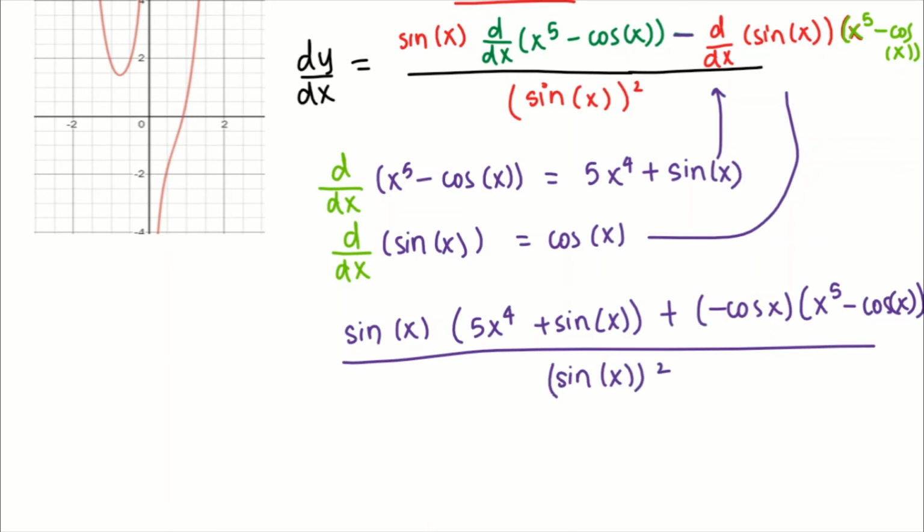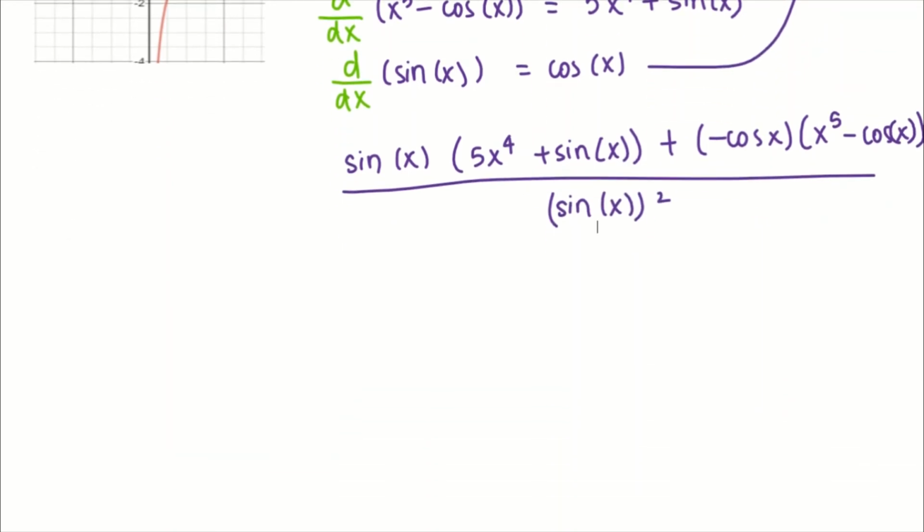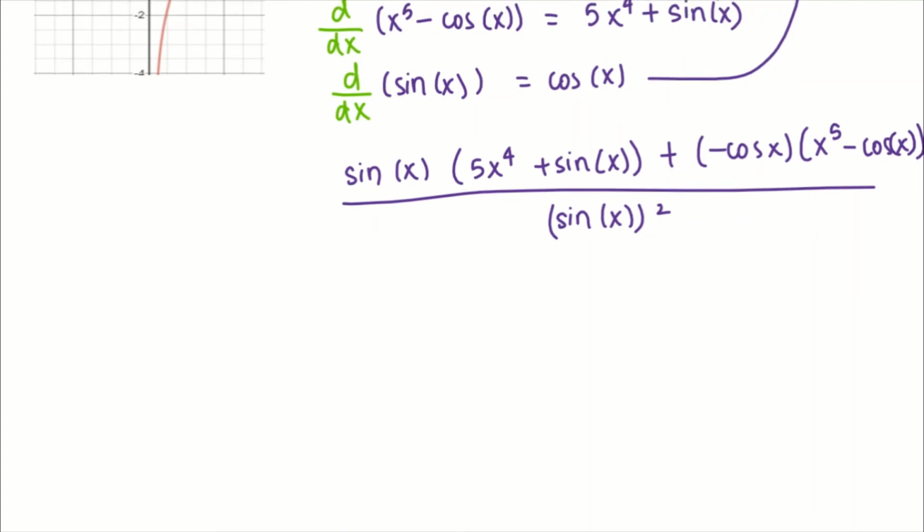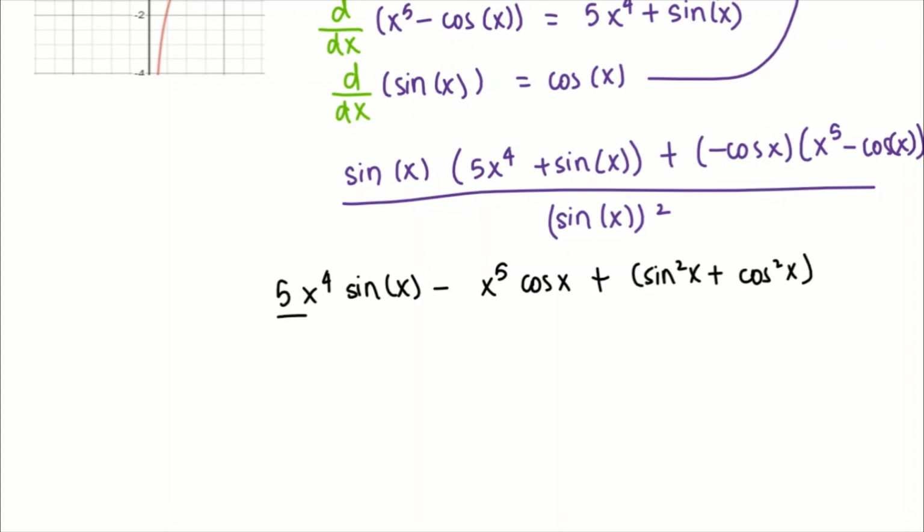And now very simply we can just multiply things out and get a nice clean expression. This is just going to give us 5x to the power of 4 times sine of x minus x to the power of 5 cos of x plus sine squared x plus cos squared x, being divided by sine squared of x.